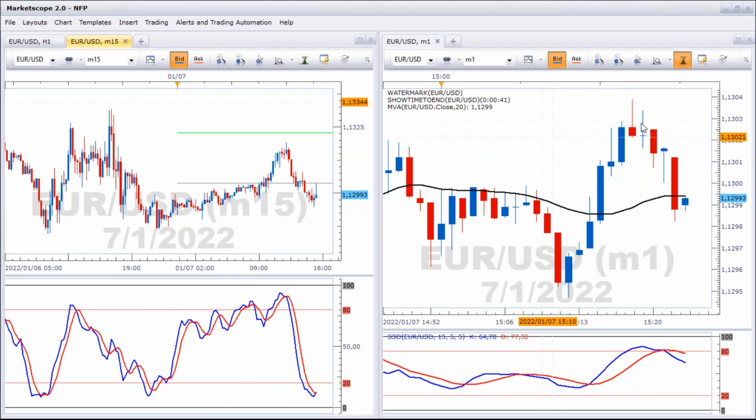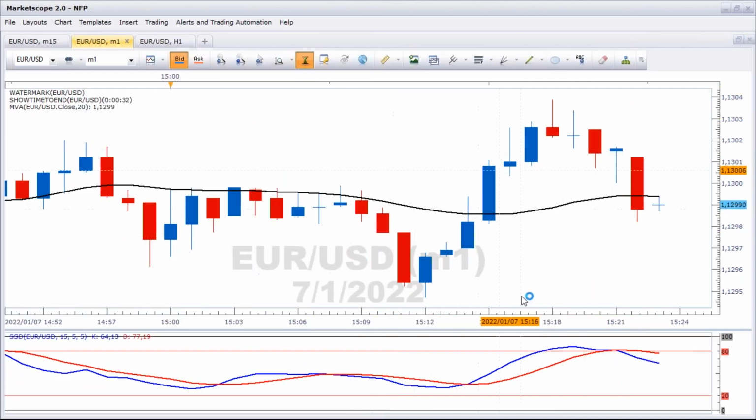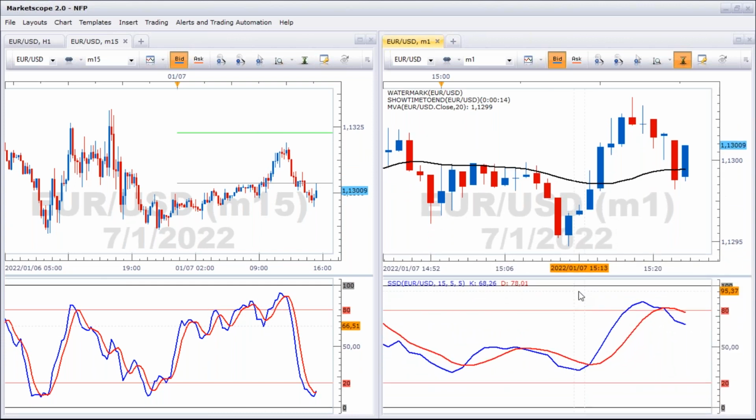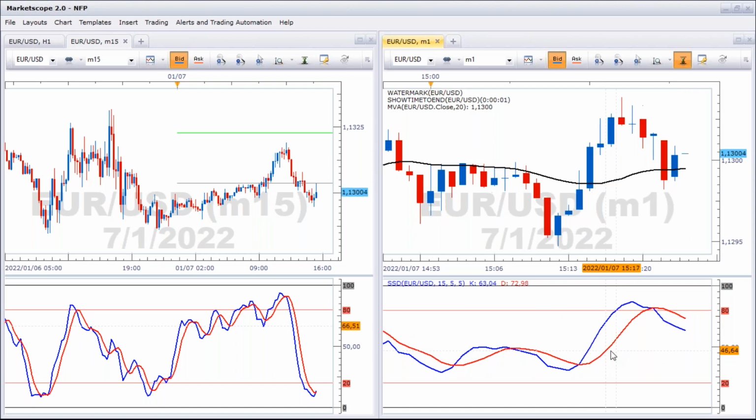But once we enter, and we'll be looking at euro US dollar only, I'll just hit the maximize button here, and we'll just be looking at that one screen for most of it. 1 minute is very close to the tick, so the price is going to be very random, but nevertheless, we will use the stochastic just to assess momentum. But I think we'll get more to that when the trade is on.